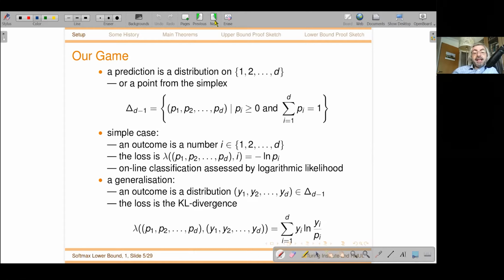In a slightly more general setup, you can think that an outcome is a distribution too. And then the loss is the Kullback-Leibler divergence between these two distributions. There was a question from one of the reviewers of this paper to give some example of a real situation where Kullback-Leibler divergence will be important.